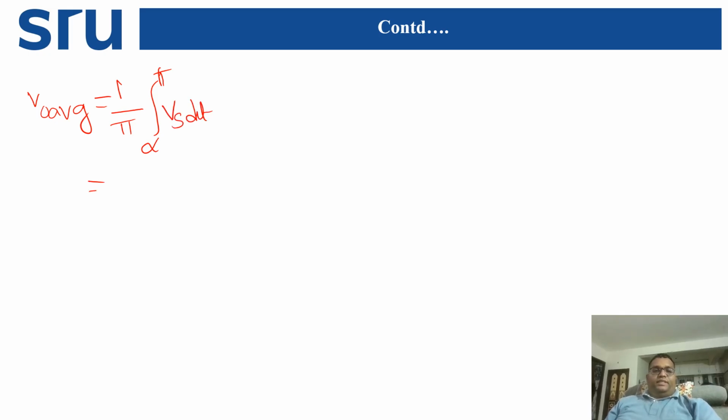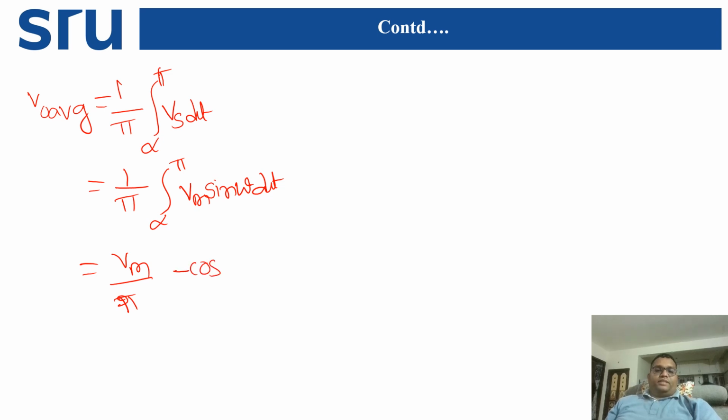As we know, the supply voltage has 100% utilization factor. Vs is equal to Vm sine omega t d omega t. Now take Vm by pi integration of sine, which is minus cos omega t, from alpha to pi.